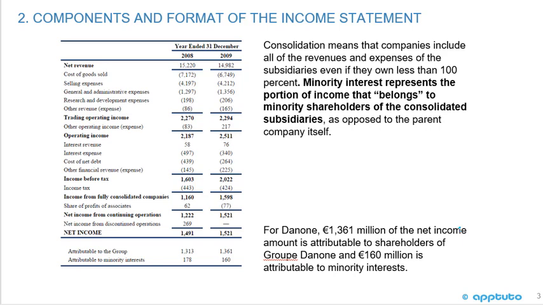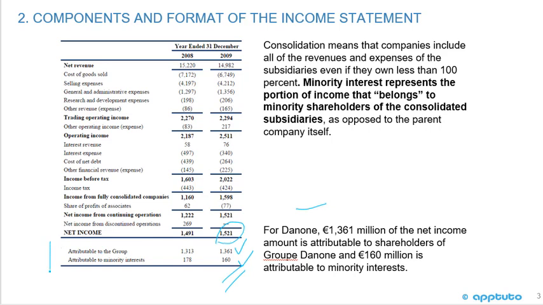So here's an example from the CFA Level 1 income statement, and it's for the company Danone, okay? So we can see here in 2009, the net income was 1,521 in millions, and 1361 was attributable to the shareholders of Group Danone, and 160 is attributable to the minority shareholders.